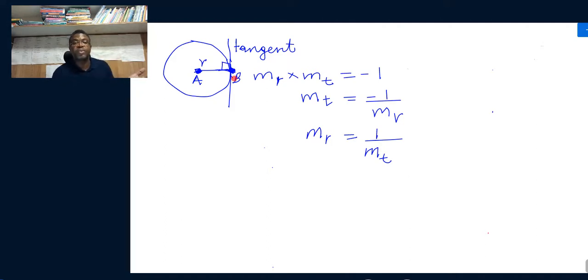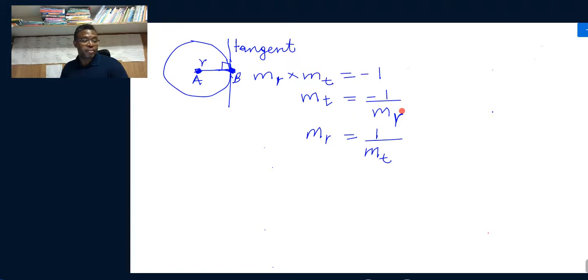You've got 2 points. You can determine the equation of a straight line. And you can also determine the equation of the tangent. Why? You know the gradient, because the gradient of the tangent is equal to -1 over the gradient of the radius. You can calculate it.